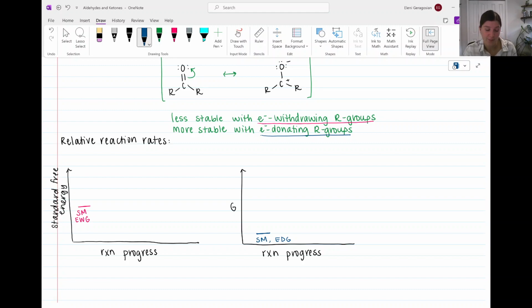Now our intermediate, the charged intermediate, is about the same energy for both. So we'll put the transition state at the same energy. And the products will be at about the same energy as well.